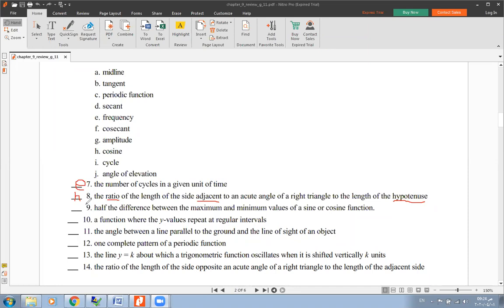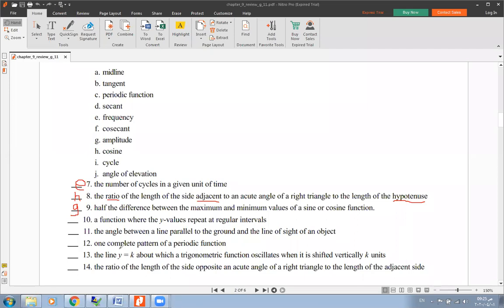If you subtract 1 minus -1, it's 2. Take half of 2, it's 1. So the amplitude represents half the difference between the maximum and the minimum value. So this is amplitude, which is letter G.